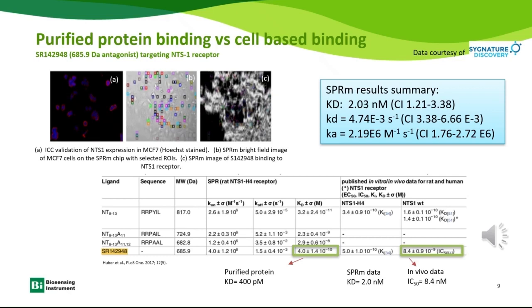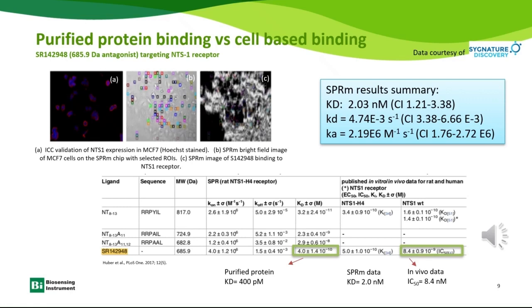The measured affinity between this compound and the ATS1 receptor using SPRM is about 2 nanomolar. The ATS1 receptor was also purified and measured using conventional SPR.